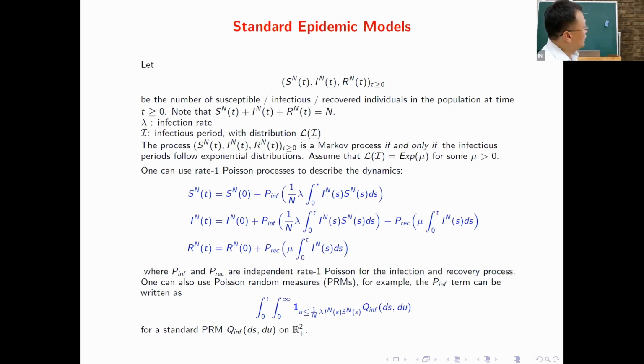This time-changed Poisson process, we can also describe using a Poisson random measure, because working with Etienne, I've learned to use more Poisson random measures to formulate the processes. So if Q is the standard Poisson random measure, this will be the intensity process.